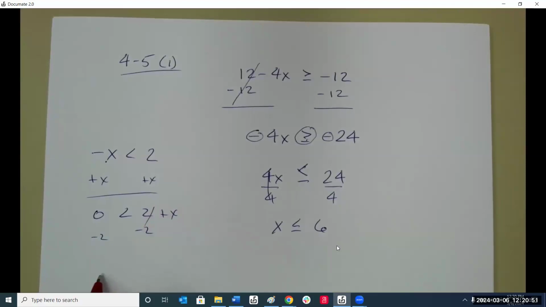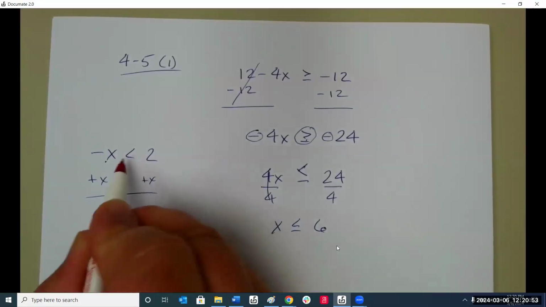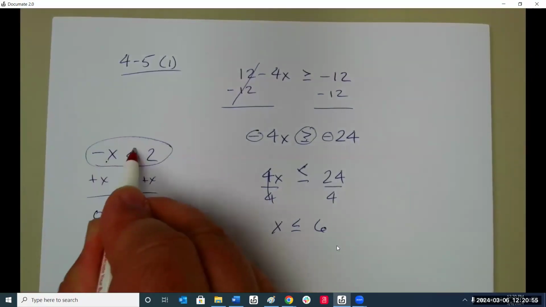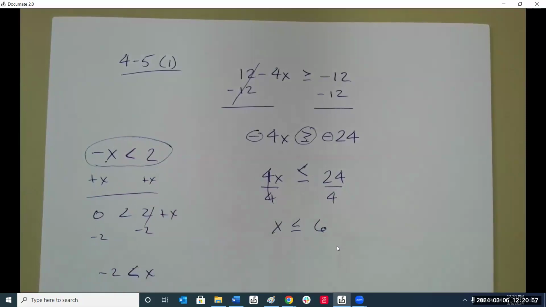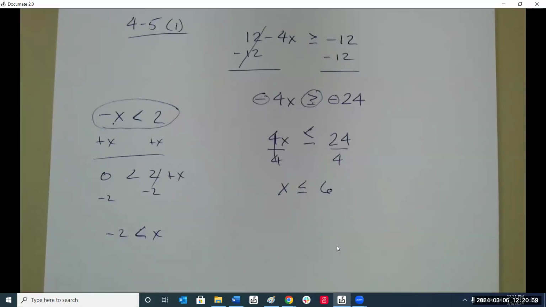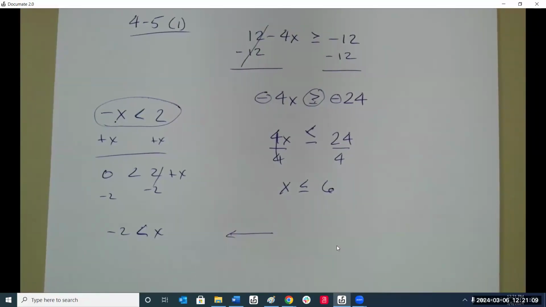What's happening is it goes from negative x being less than 2 to x being greater than negative 2. So whenever you change the sign of the variable, you have to change the direction it's going, because if it used to go less than, and you change the sign from x, it's now going to go positive.